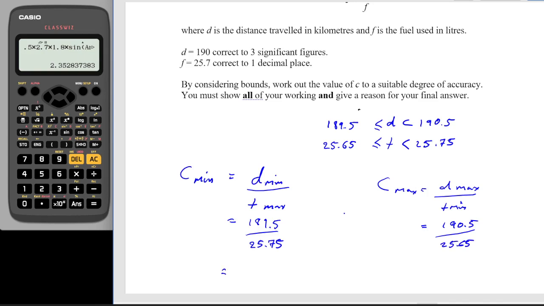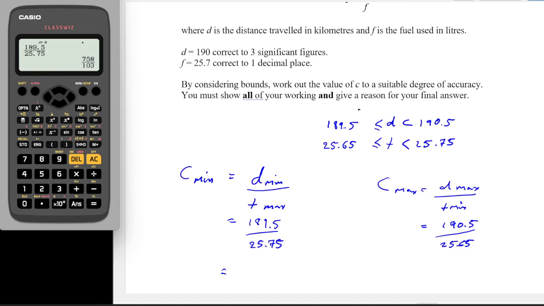Right, so I'll go to my calculator now. First, my minimum value, 189.5 divided by 25.75.